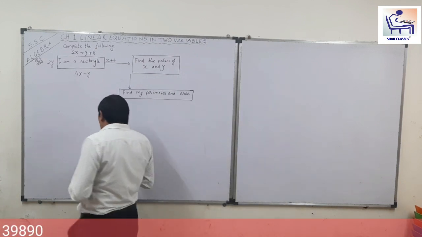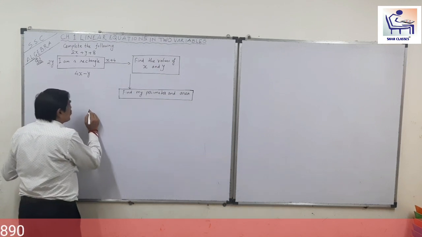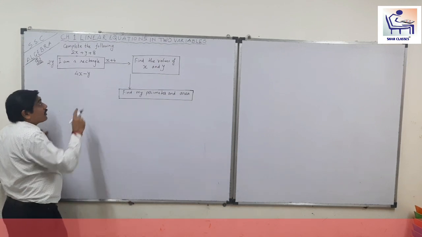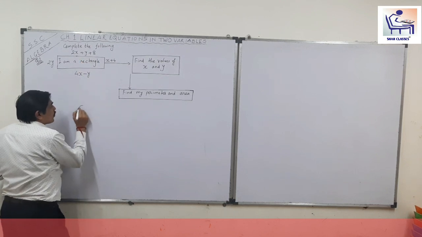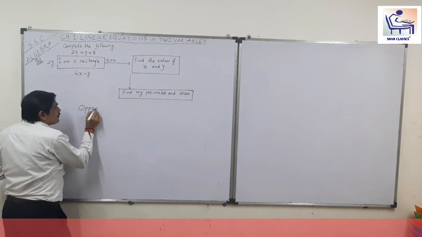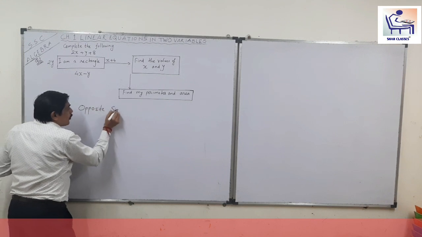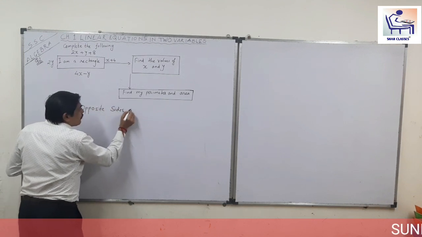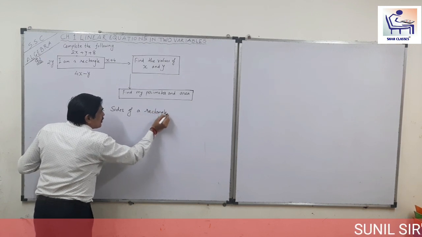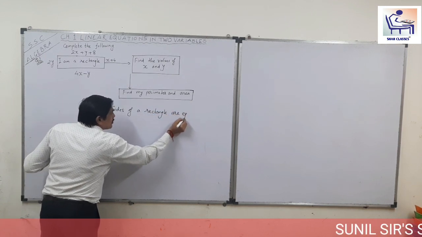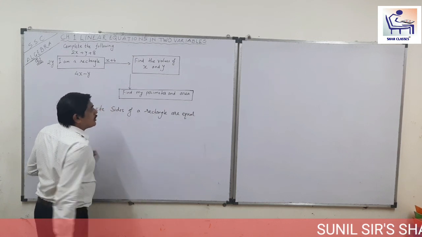So first property here, from this we will find out two equations. It will help you to find out two equations. So opposite sides of a rectangle are equal.